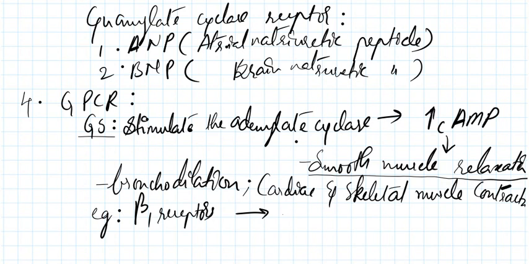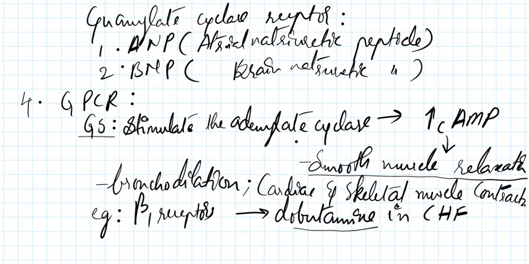This is the principle used by dobutamine in congestive heart failure. Dobutamine simply acts on beta 1 receptors, which cause an increase in cardiac muscle contraction, thereby improving cardiac activity.